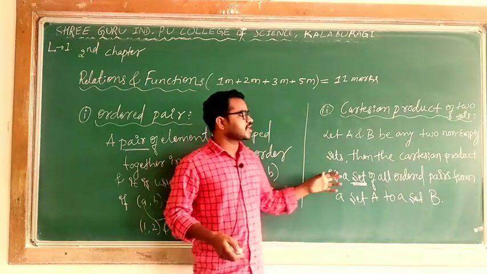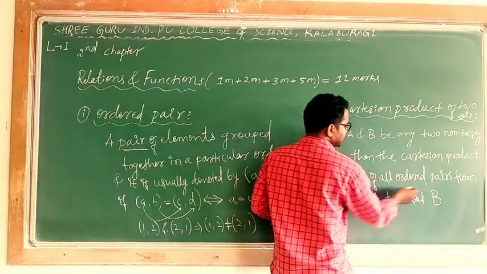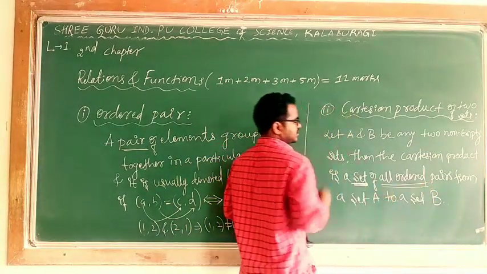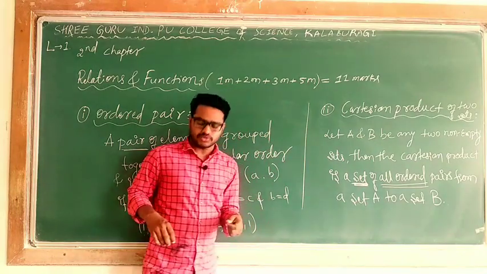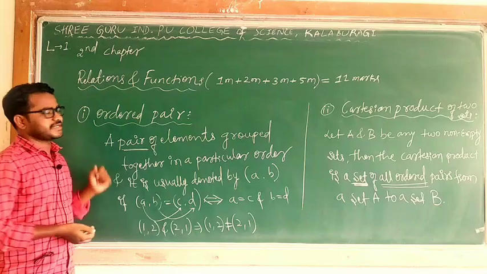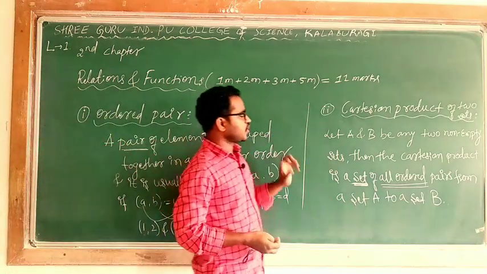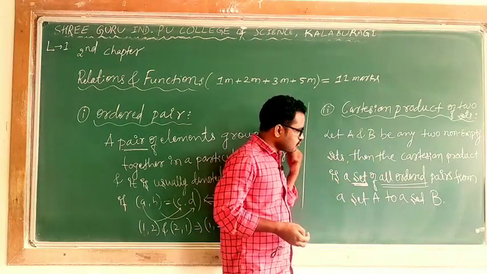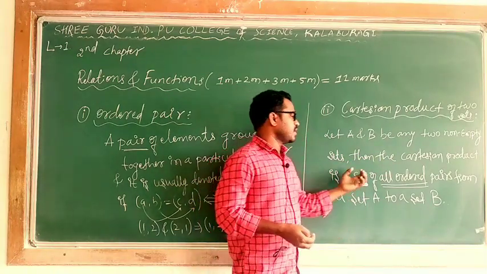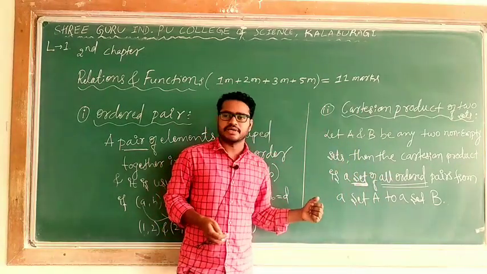Here it is a collection of ordered pairs, so every element in the Cartesian product is of the form ordered pair.